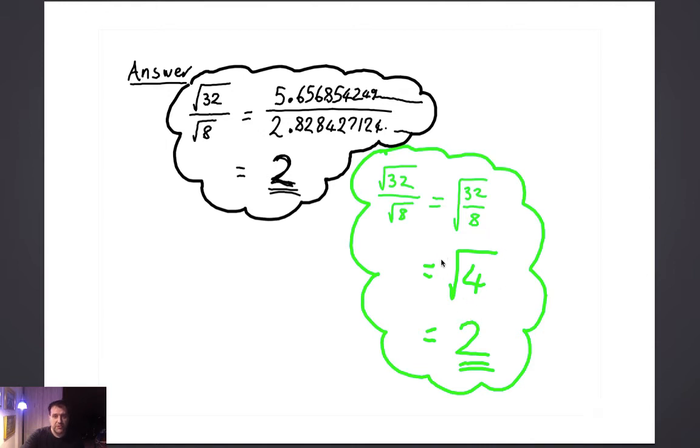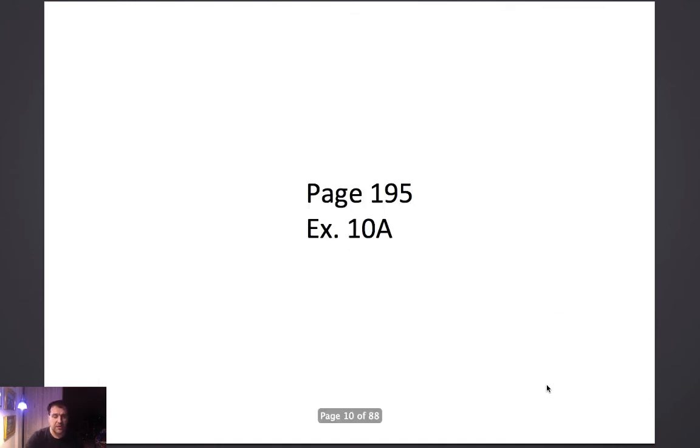Root 32 divided by 8 is the same as root 4, because 32 divided by 8 is 4. And the square root of 4 is 2, because 2 times 2 makes 4. So doing it from two different methods, you should get the same answer. So the exercise on that was page 195, exercise 10A.